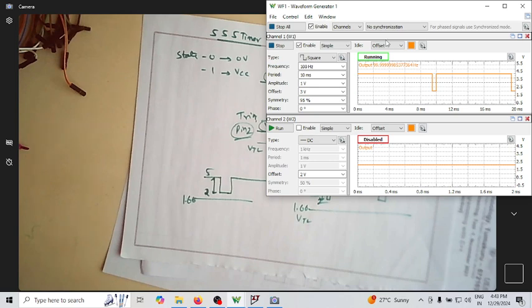Let us see what will happen to this. Can you see now it is 2 volts and it is going up to 4 volts. This is fine. Now can I make it 1.5? It is now 3.5.